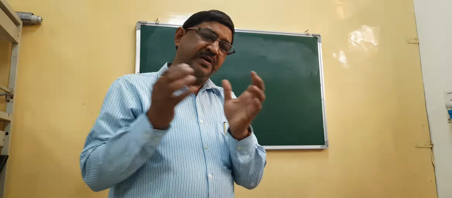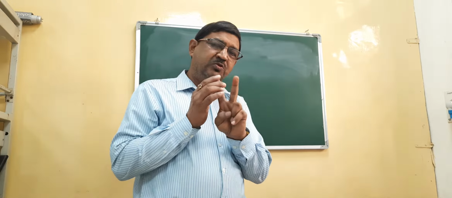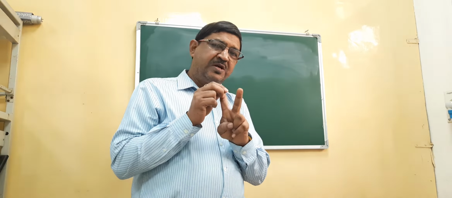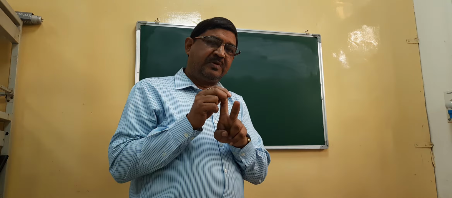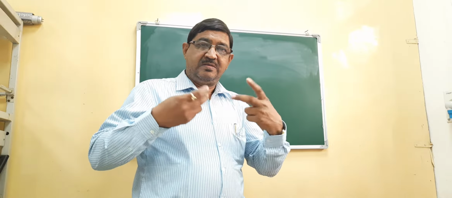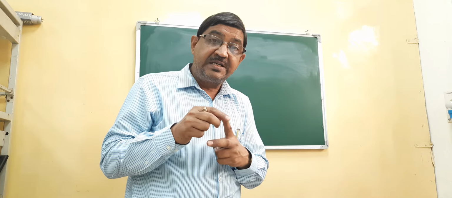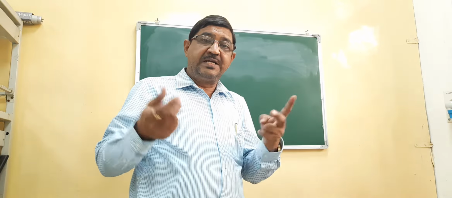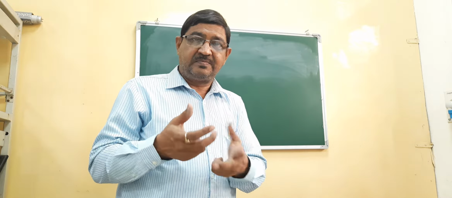So here we have to think about only two things: whether we are going to develop a homozygous line, the high yielding varieties, using any method to develop a homozygous line which is high yielding.